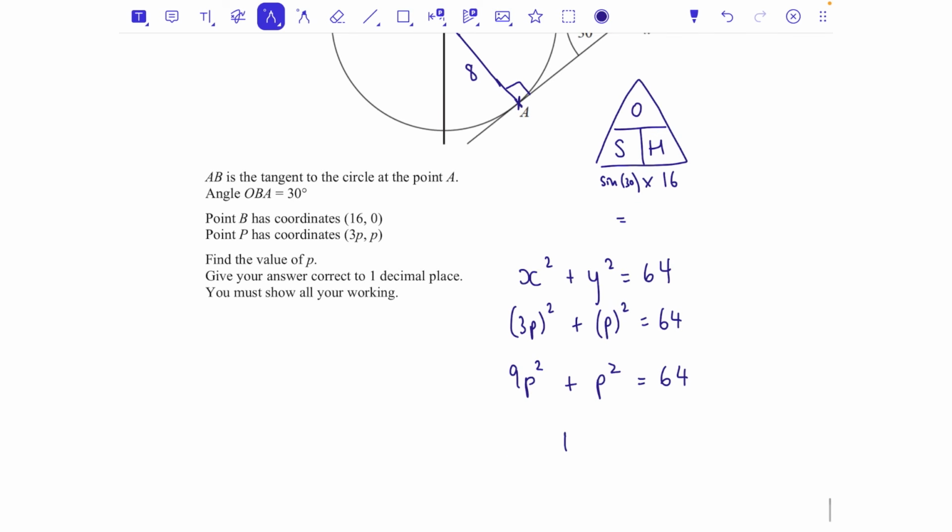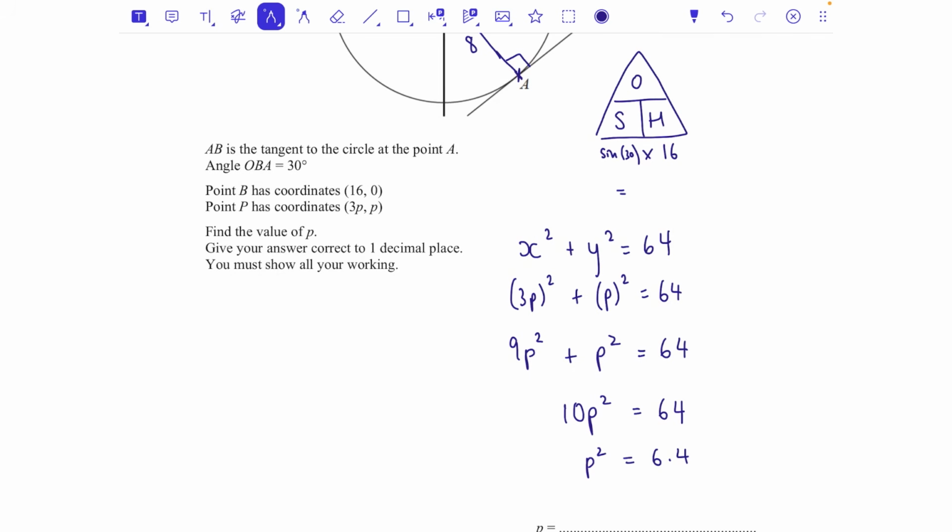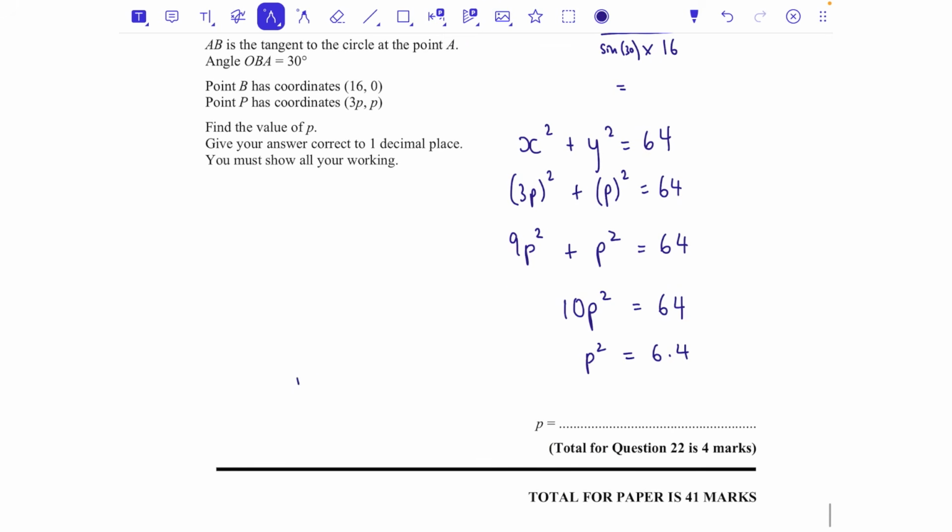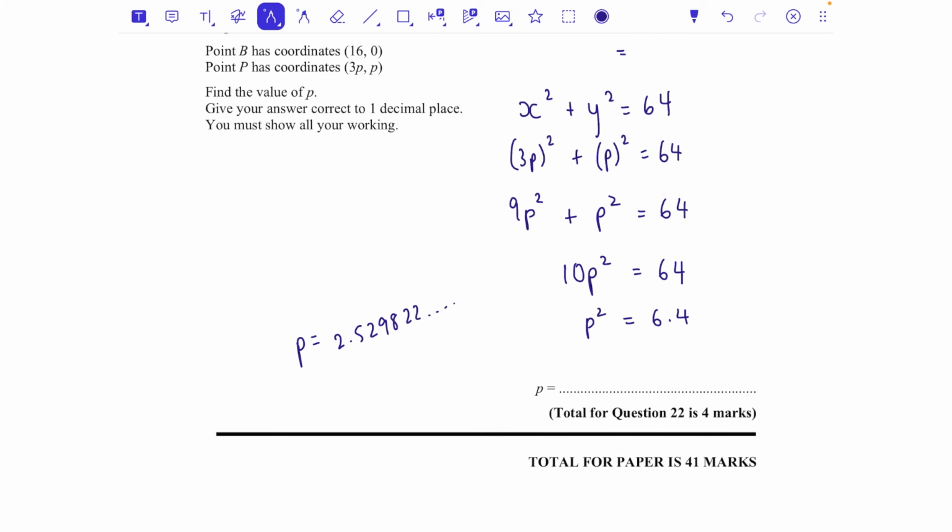So I've got 10p squared equals 64. Dividing by 10, p squared is 6.4. So we're going to do the square root of 6.4, and that is 2.5298. So we've got p equals 2.529822, blah, blah, blah. And they want this rounded to one decimal place. So we will say that p is 2.5.